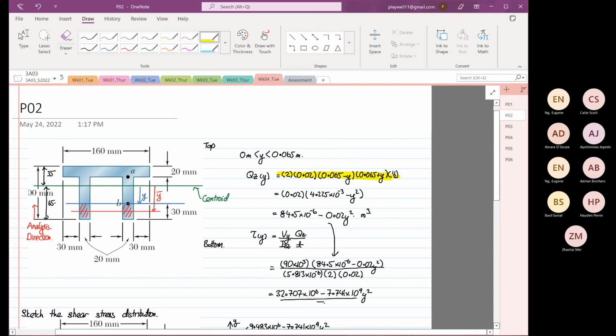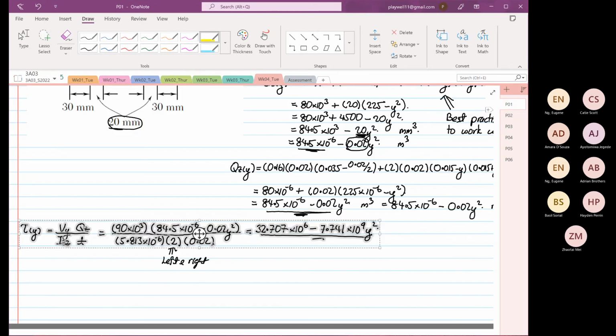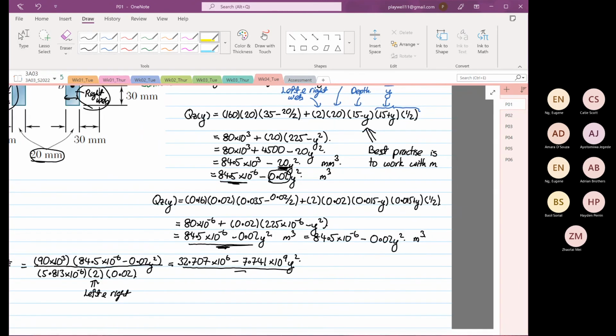It's just that function over there. Whereas if you consider the top, you can see the first moment of area, you have more components to consider. So either you take from the top or from the bottom, if the thickness is constant, your equation will be the same. And it is another way to check whether your answers are right or wrong.